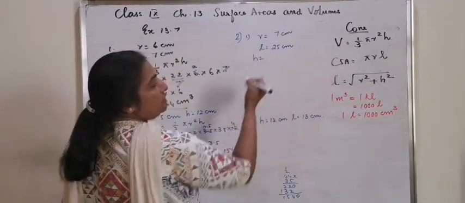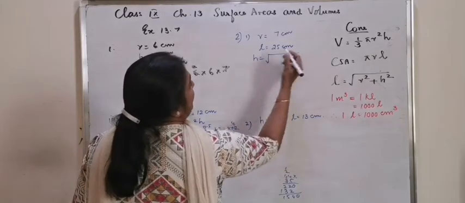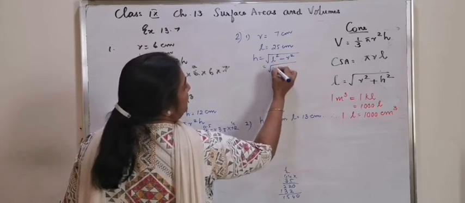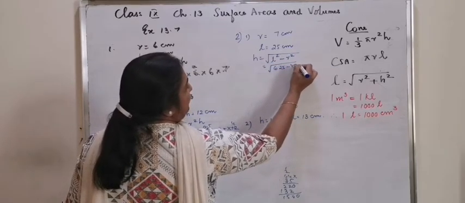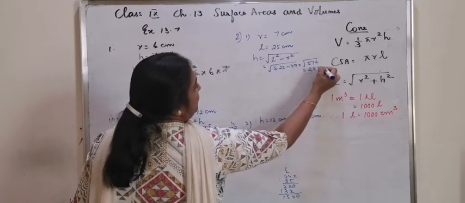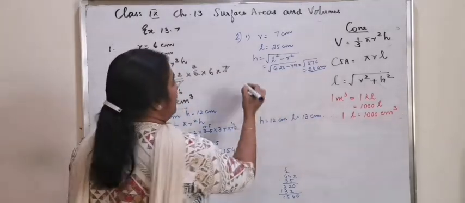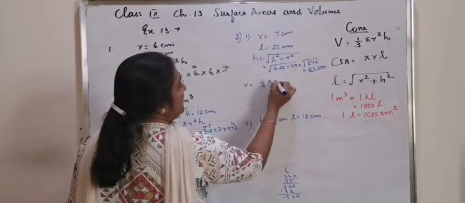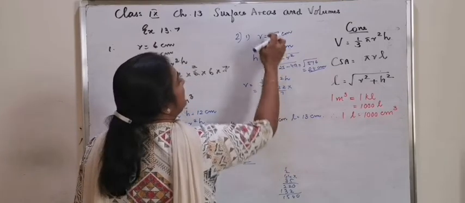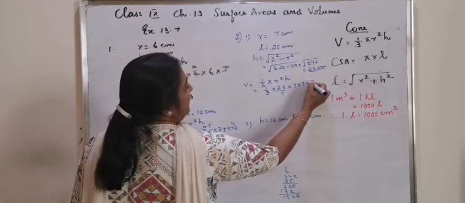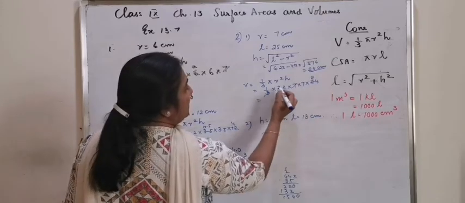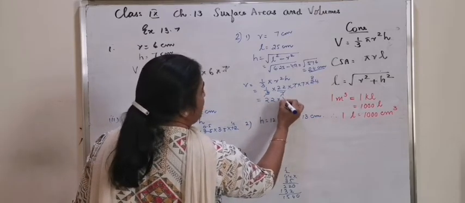So first to find out h as square root of L square minus r square, square root of 625 minus 49, square root 576, which is equal to 24 centimeter. And now the volume, formula is 1 by 3 pi r square h, which is 1 by 3, 22 by 7, radius is 7, 7 and 24. 7 gets cancelled, 3 gets cancelled as 8, 22 into 56.